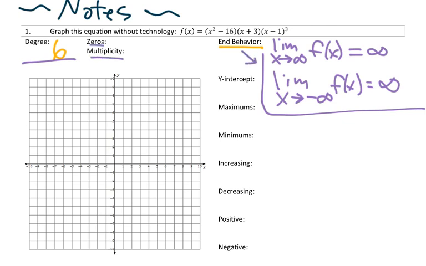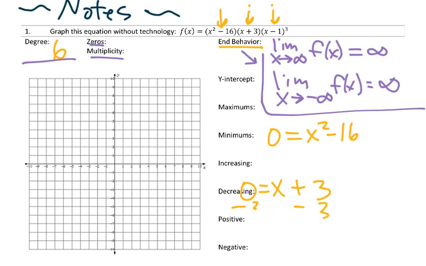Now we need to find our zeros and their multiplicity. So remember, for our zeros, we take each of these and set them separately equal to 0. For a lot of them, it's pretty easy to see what we're going to come up with. So for this one and this one, I know that that's going to be a negative 3.